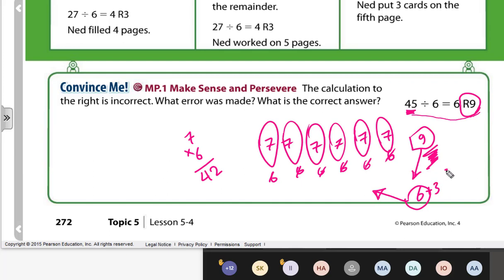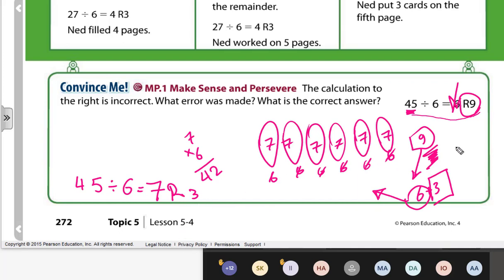We have 3 left over. So it can be 45 divided by 6 equals 7, not 6, and remainder 3.